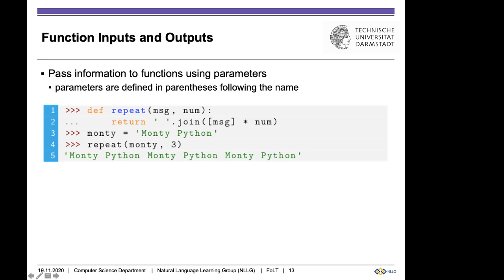Also, we can specify the parameters for particular functions. For example, if we want to repeat a message a number of times, then we can create a repeat function with two parameters: a message and the number of times you want to repeat. In this example, the message is bigrams. Notice that in Python, we cannot repeat bigrams a number of times directly.